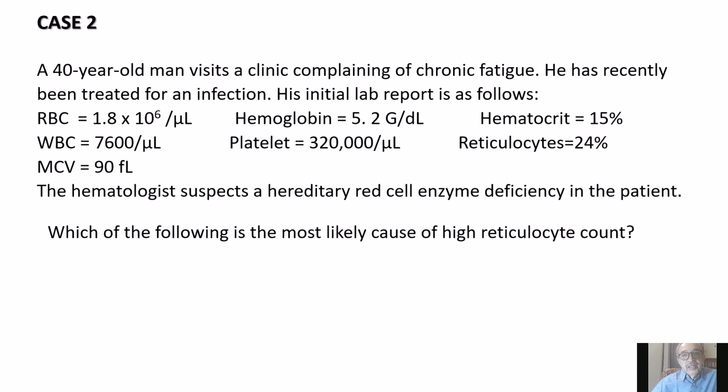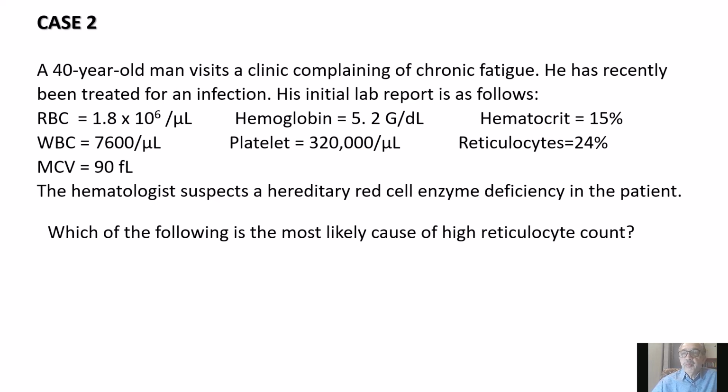After the other investigations, the hematologist suspects a hereditary red cell enzyme deficiency in the patient. Question is, which of the following is the most likely cause of the high reticulocyte count? This is a very obvious case where there is anemia, severe anemia. 5.2 is quite a marked anemia.